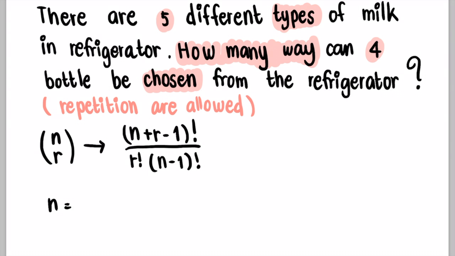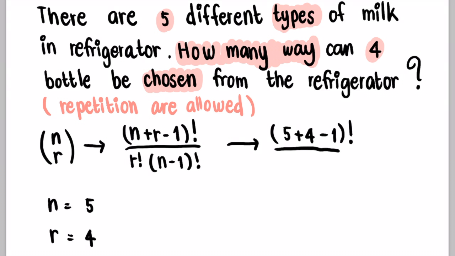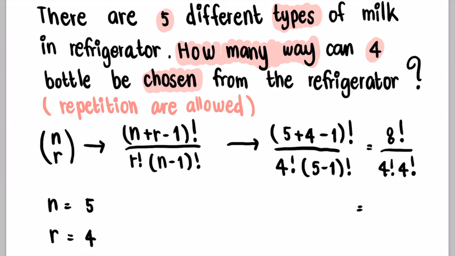N represents the number of objects, so it is 5, and R represents the number of selected objects, so it is 4. And then you substitute N and R in the formula. When you calculate them, you will get the answer, which is 70 different ways.